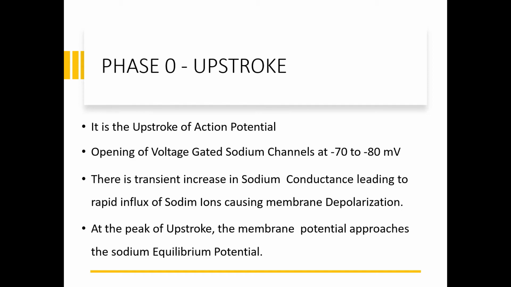As a result, there is a transient increase in the sodium conductance, meaning the channels will be open so that sodium will enter the cell in large amounts. This transient increase in sodium conductance leads to rapid influx of sodium ions, causing membrane depolarization. Initially the resting membrane potential is a polarized state, and due to the entry of positivity inside the cell, this polarity will decrease and it will move towards depolarization.